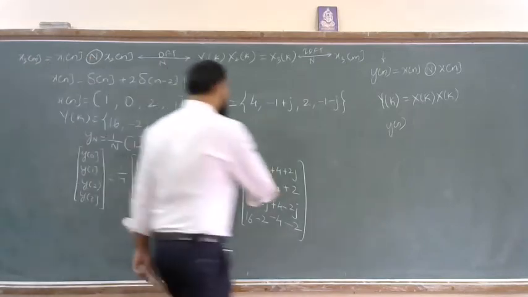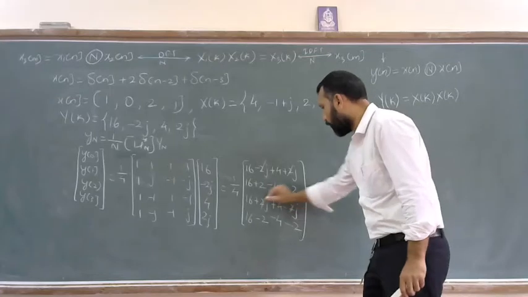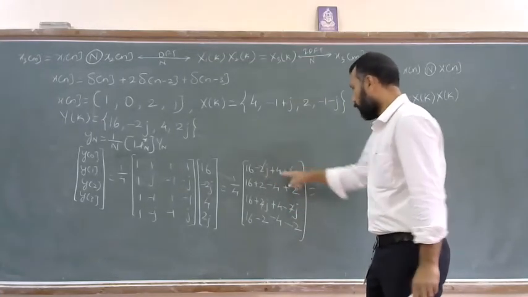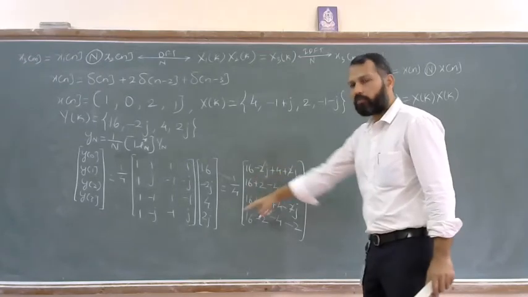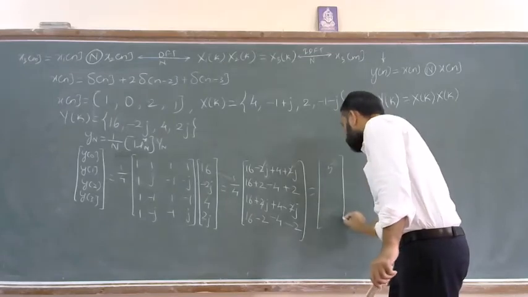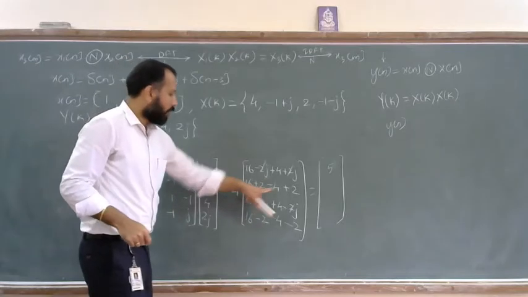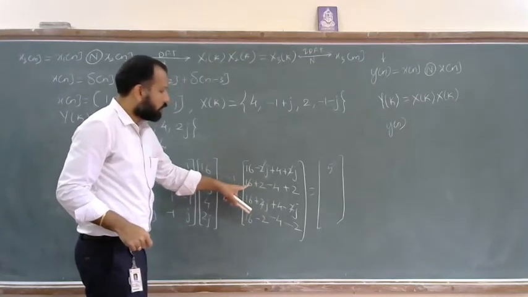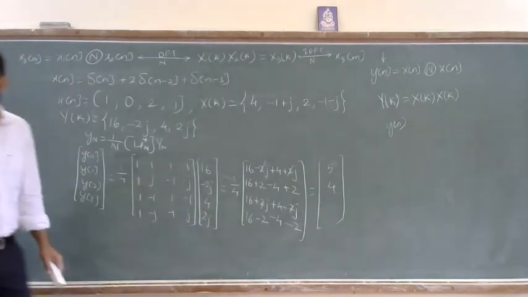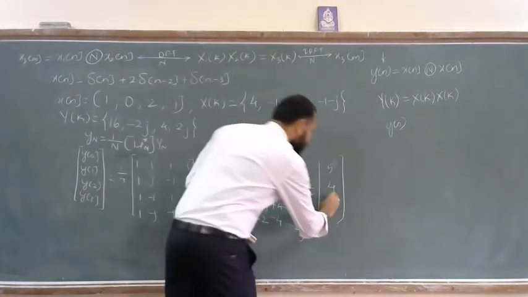In the first value, plus 2j minus 2j cancel, and in the third value, plus 2j minus 2j cancel. We remain with 16 plus 4, 20. 20 divided by 4 is 5. Second value: plus 4 minus 4 cancel, 16 divided by 4 is 4. Next, 16 plus 4, 20, divided by 4 is 5.